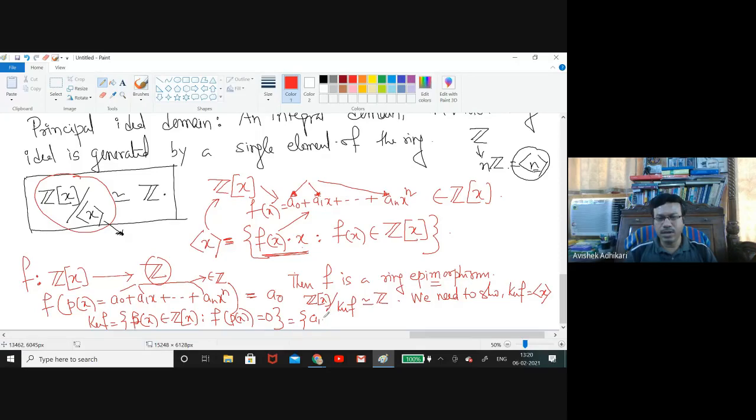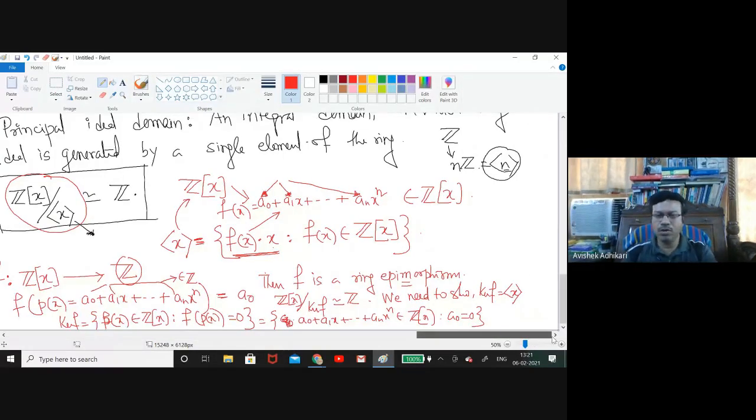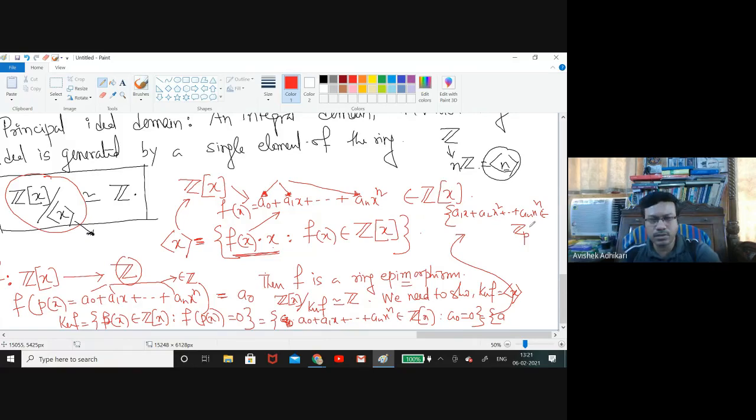I am just making it one step ahead. So this is all such polynomials a0 plus a1x plus ... plus an x to the power n belonging to Z[x] such that F of this, meaning a0, equals 0. As a result, you will get all the polynomials of the form a1x plus a2x squared plus ... plus an x to the power n belonging to Z[x].